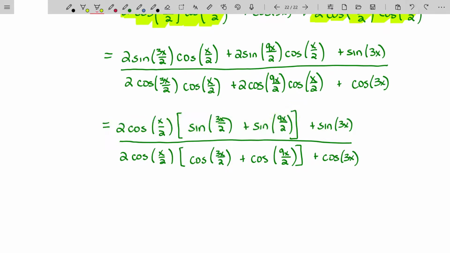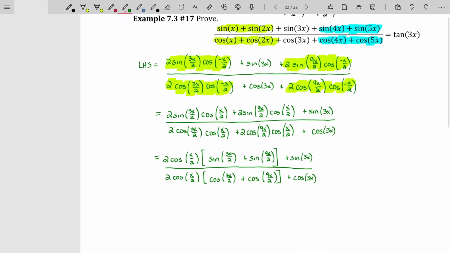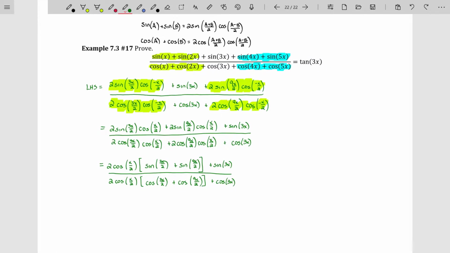And unfortunately, nothing is common to both those terms, at least right now. So let's go ahead and move forward. This is just a bit of a warning because I have seen people do that. So I'm going to use those sum of sines and sums of cosines formulas on this stuff right here.